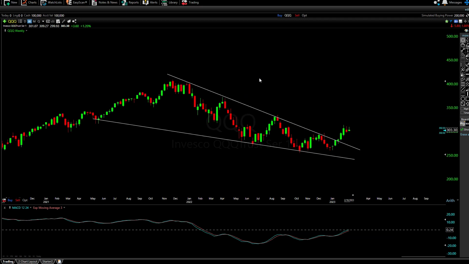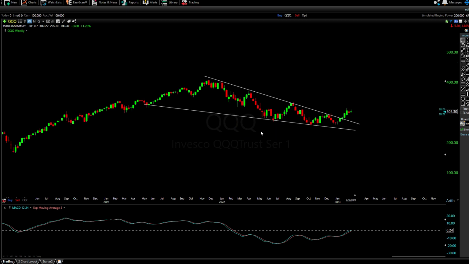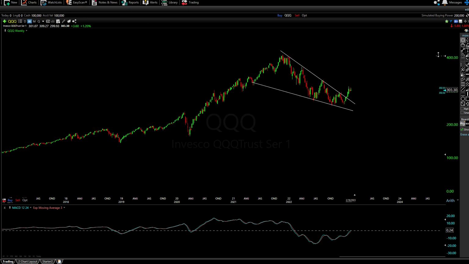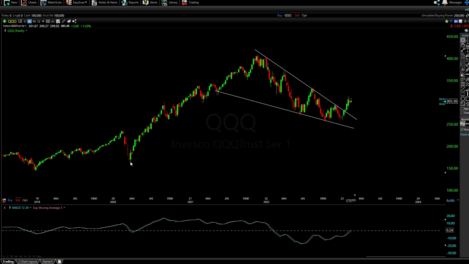So this is just a regular chart here. You can see QQQ, and there's a tool on this platform that I really like. If I just zoom back, I take the absolute bottom here to the top, something called quad lines, which automatically gives me kind of like a Fibonacci: 25%, 50%, 75%, and 100%.